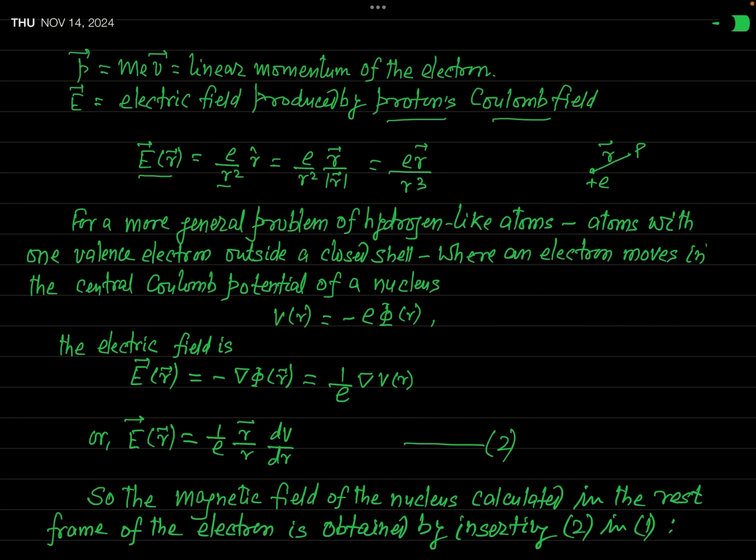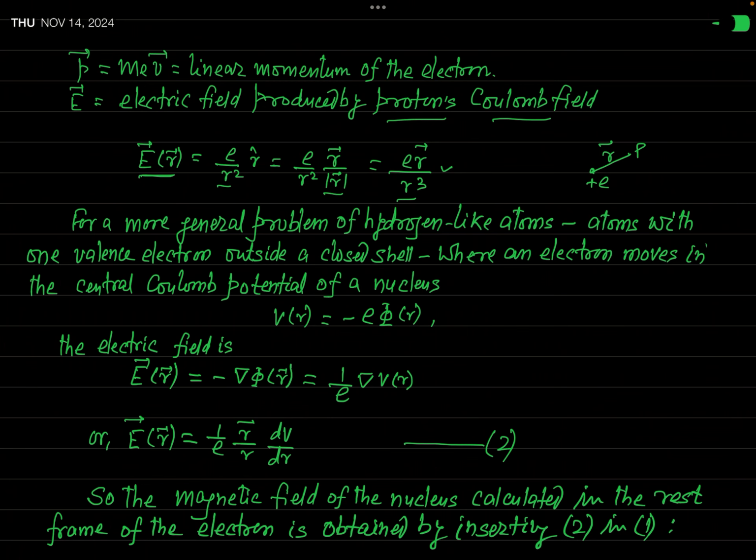And this unit vector r hat may be defined as vector r over modulus of r. And that's why this E can be given by e times vector r divided by r cubed. So this is the Coulombian field which is produced by the proton at the site of the electron.